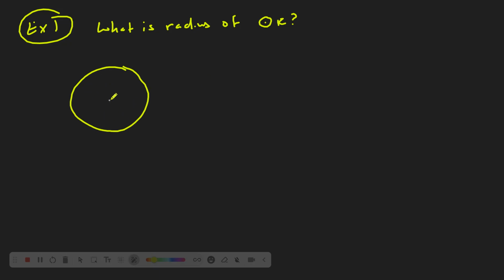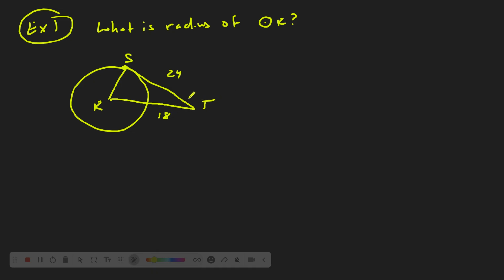This is circle R. We're going to say that ST is tangent, so I'm going to draw ST. So there's S, there's T. So S is the point of tangency. I'm going to have a radius RS. I'm going to have a segment RT. In this problem, they're going to tell me that this is 24, this is 18, and they want to know what is the radius. Okay, so this is my setup right here.